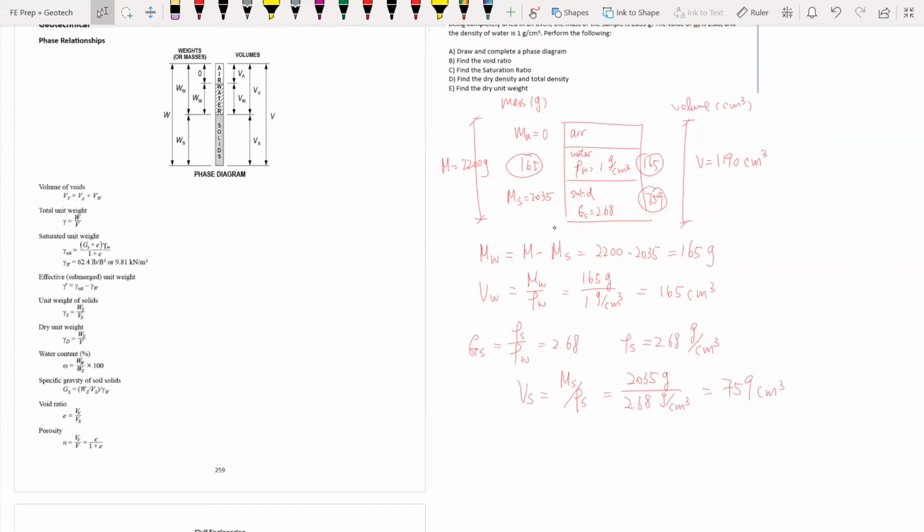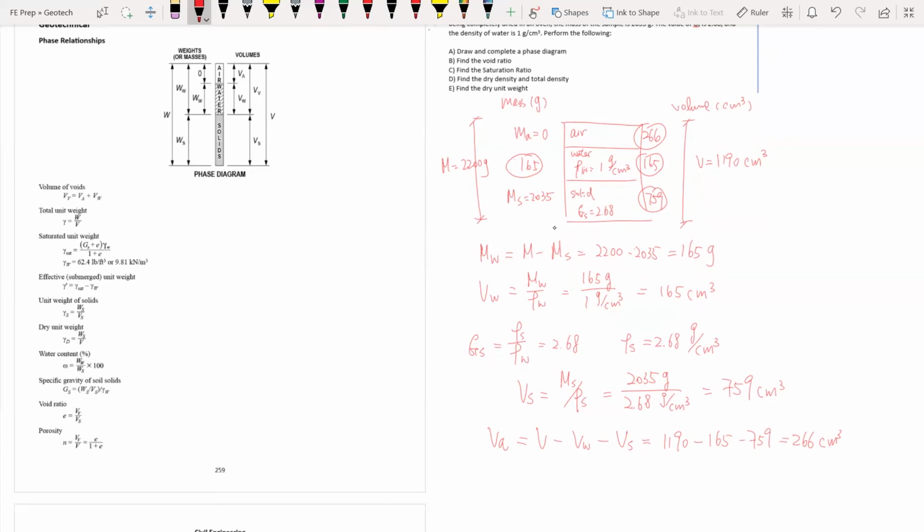And after that, we can find the volume of air, because that will be equal to the total volume minus the volume of water minus the volume of solid. So after that, pretty much we find all the unknowns on the phase diagram.